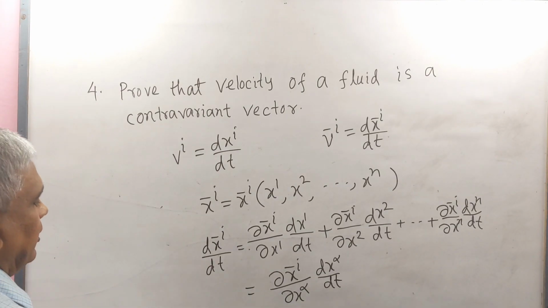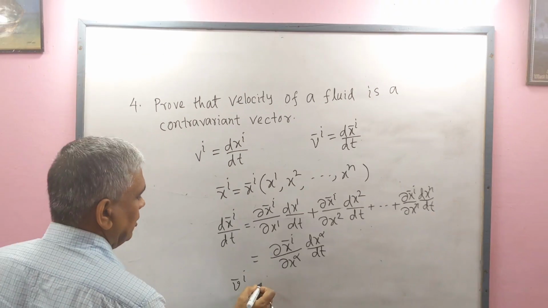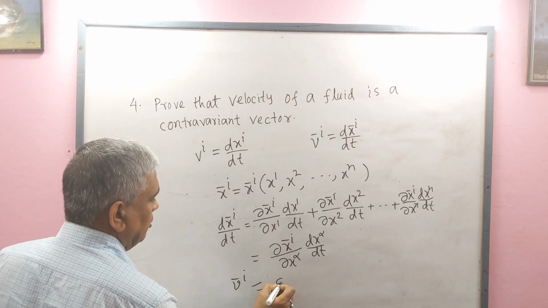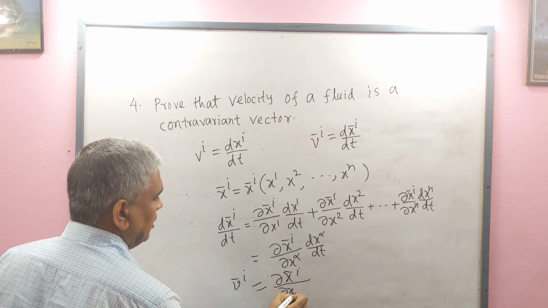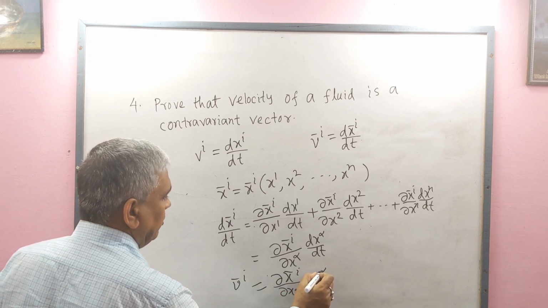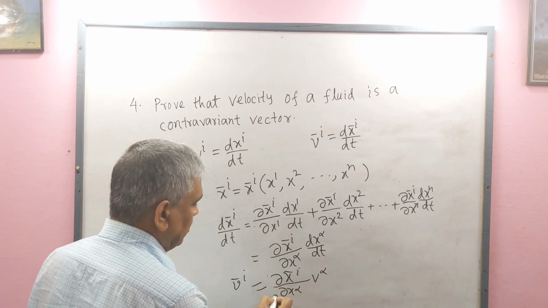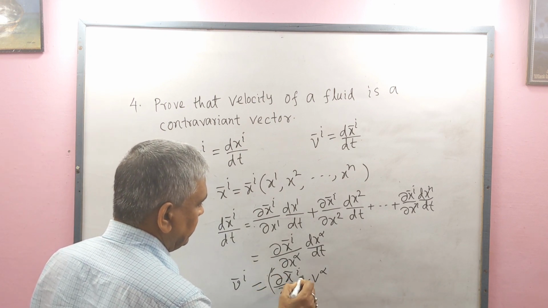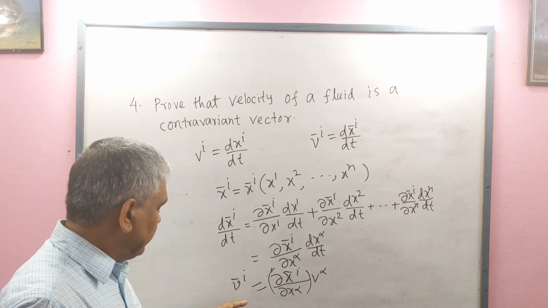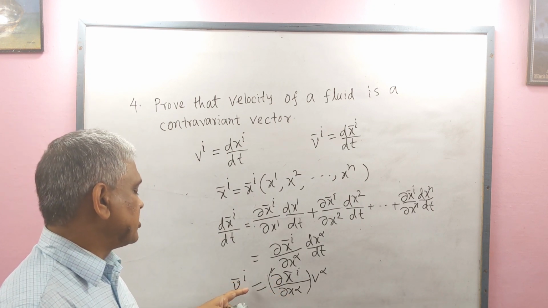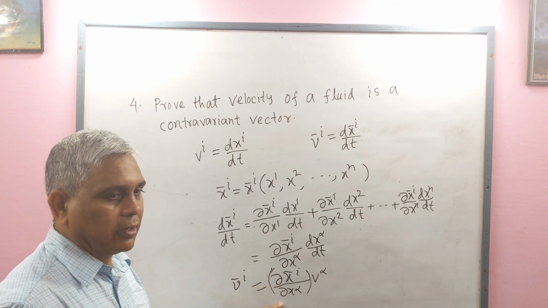Left side is written as v bar i equal to del x bar i by del x alpha v alpha. This partial derivative represents that velocity vectors are contravariant vectors.